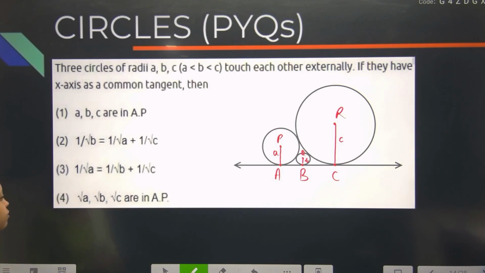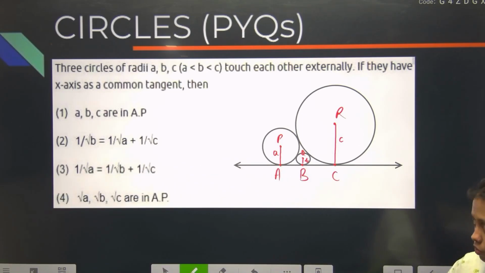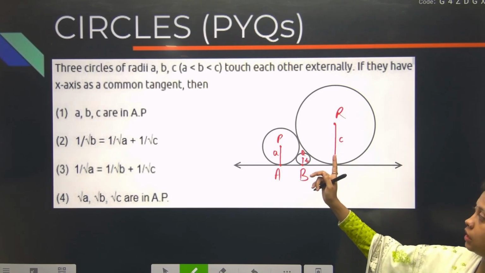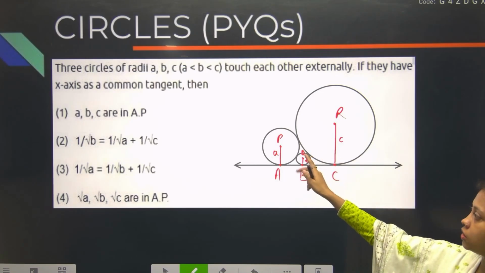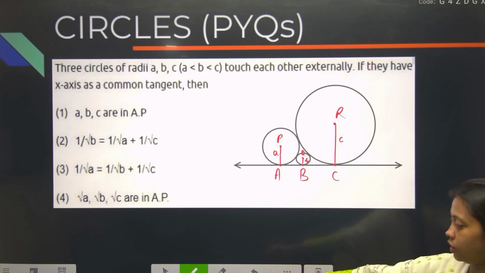I want a relation between A, B, C. Why don't we find the distance PQ? Can I get some relation between small a, small b? I think we can.